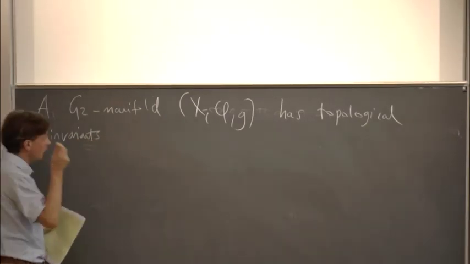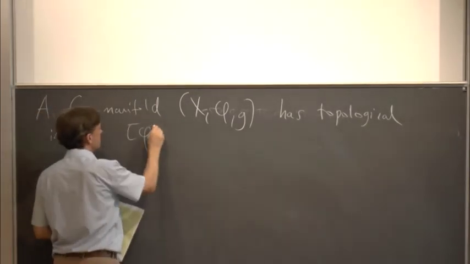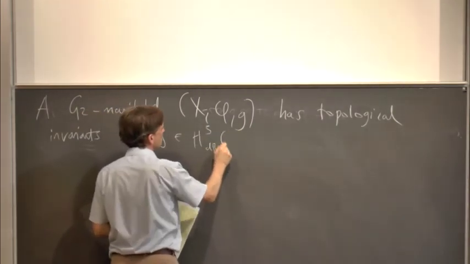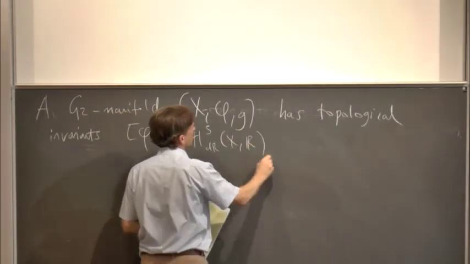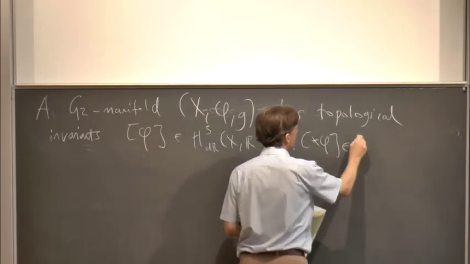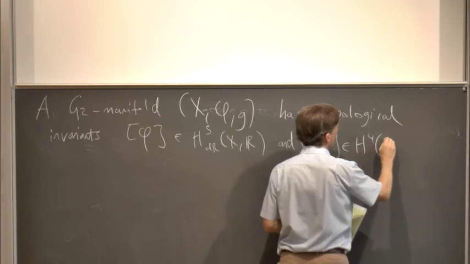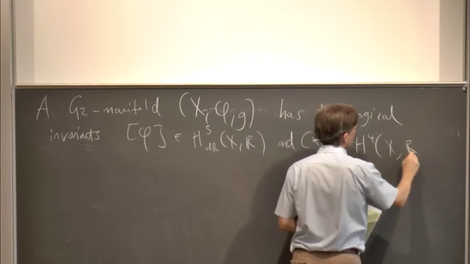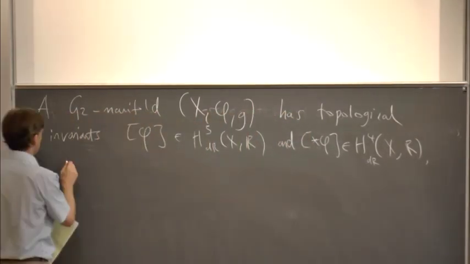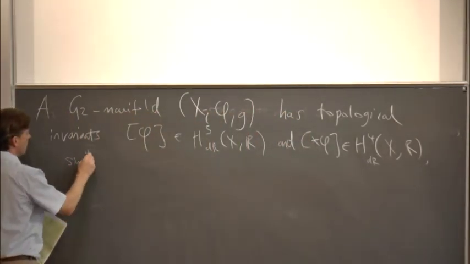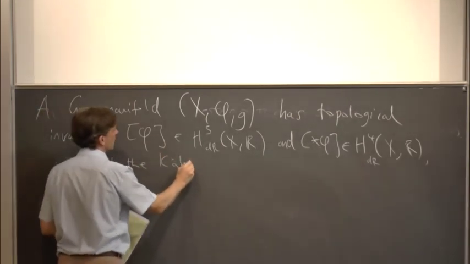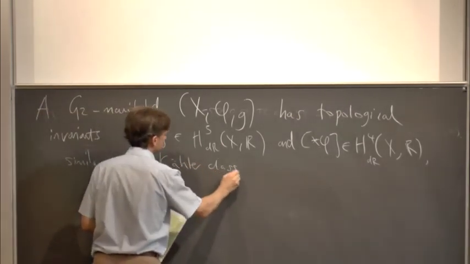You've got a closed three-form, so you can form its de Rham cohomology class [phi] in the third de Rham cohomology of X, and you can form the de Rham cohomology class of star phi in the fourth de Rham cohomology of X, which are similar to the Kähler class of a Kähler metric.